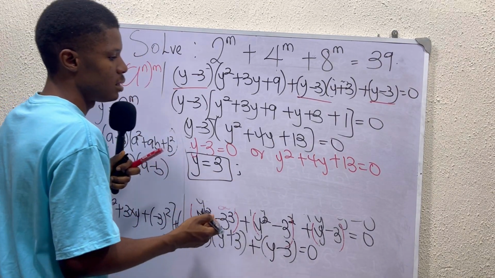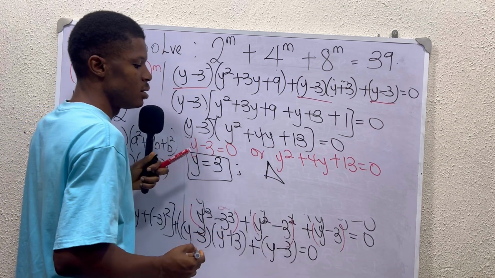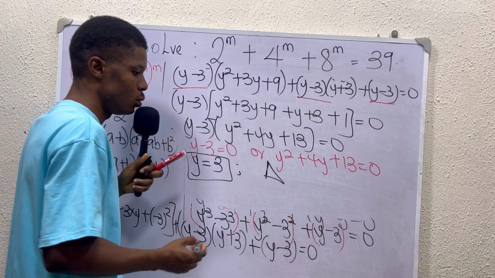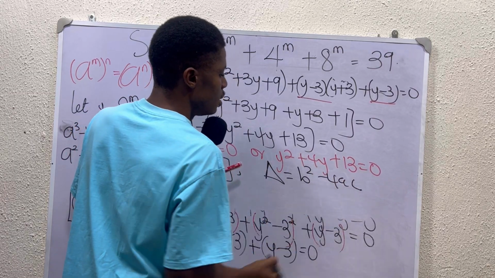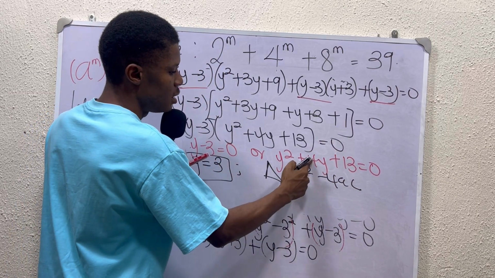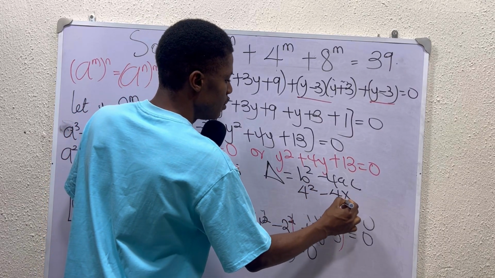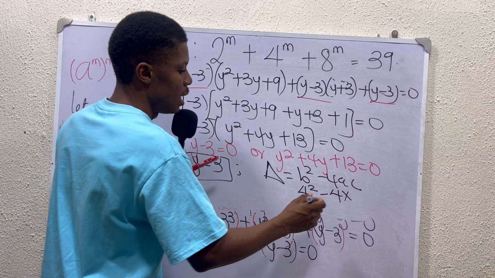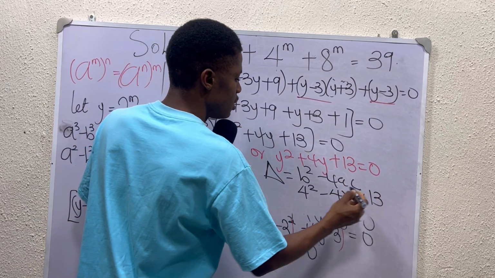But if you check the discriminant, which gives the nature of the root, this is b squared minus 4ac. You see that b is 4, so you have 4 squared minus 4 times a, which is 1, times c, which is 13.